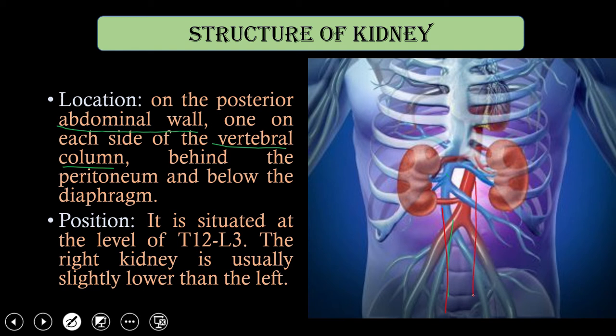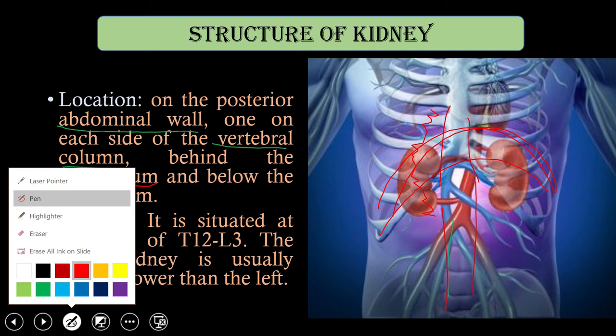On the dorsal part of the body, on each side of the vertebral column, the kidneys are located behind the peritoneum. On the ventral side there is the peritoneum, and below the diaphragm, this one is the diaphragm, there is the presence of the kidney, present on both sides of the vertebral column.